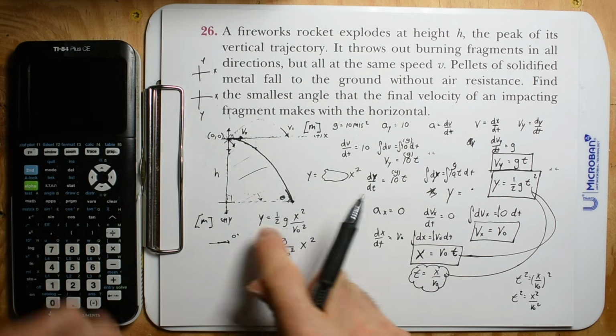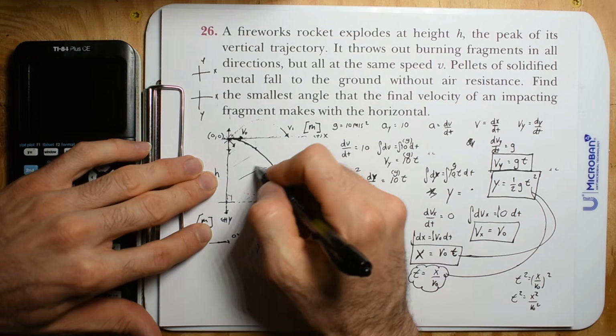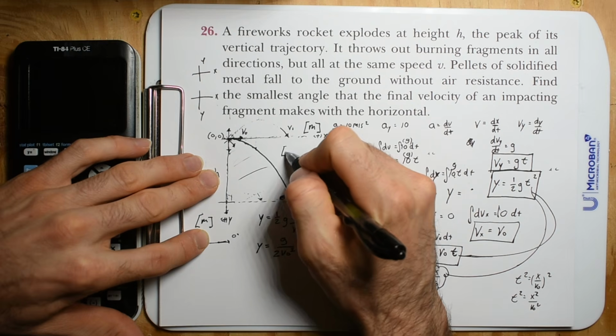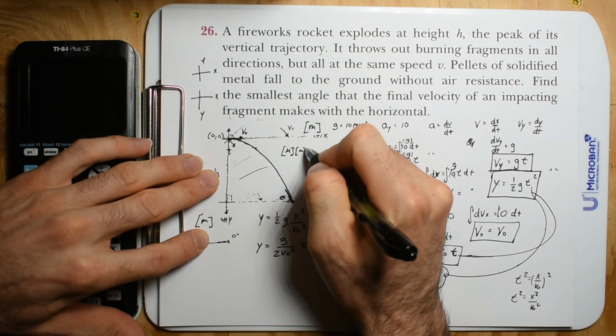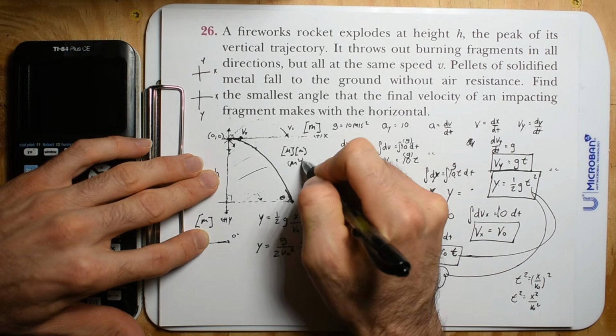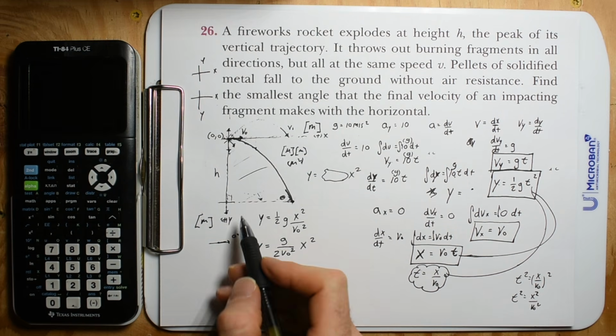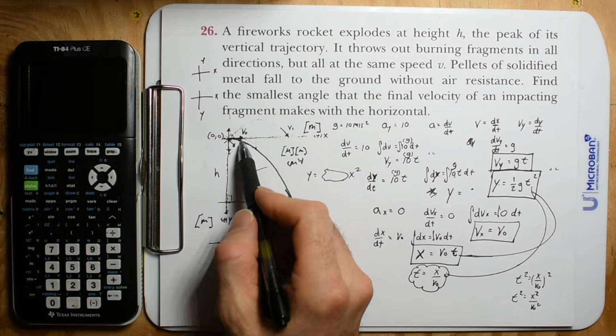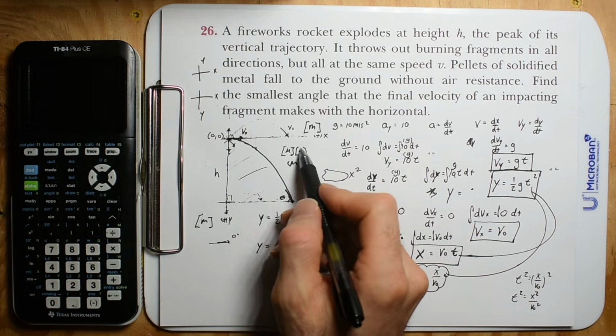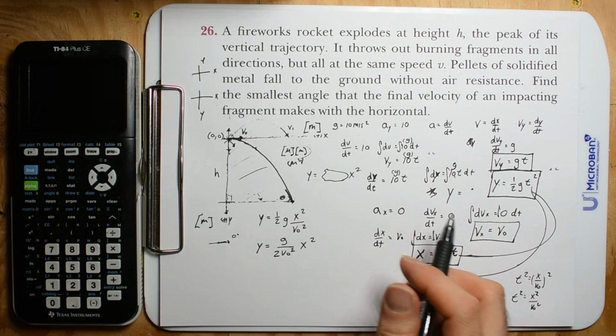So if I integrated, I would get the area under the curve, which would be meters times meters, meters squared. Maybe that's useful if I actually cared what the area of this shape was, but I'm not into that.